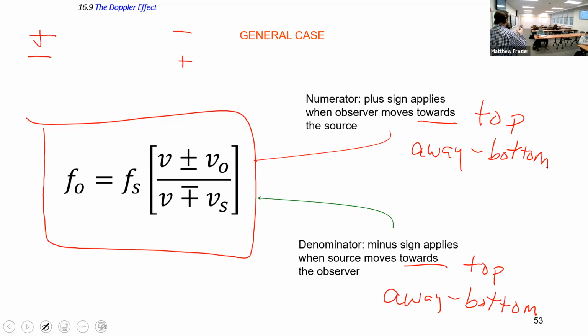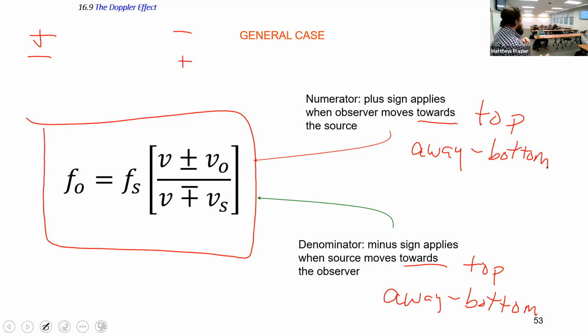Like imagine you're in a car and a cop passes you, sirens going, right? So you are driving 70 miles an hour down the interstate. So you're approaching the cop. The correction that you get for your motion means that you should hear a slightly higher pitch. Now the cop is moving faster and away from you, so their correction is larger and downwards.